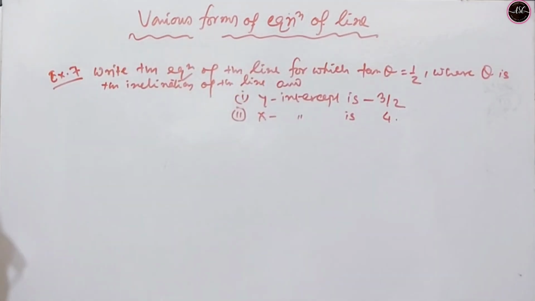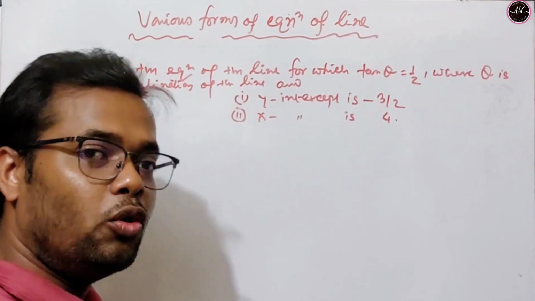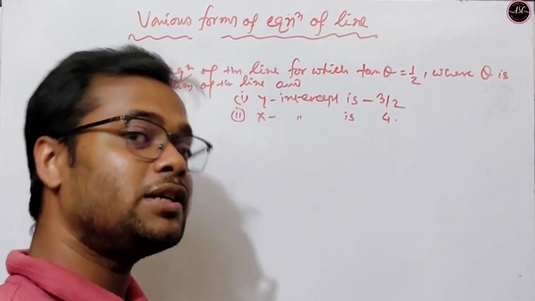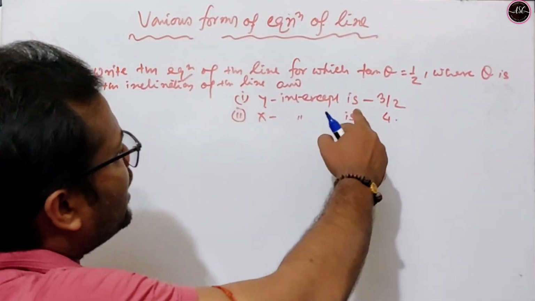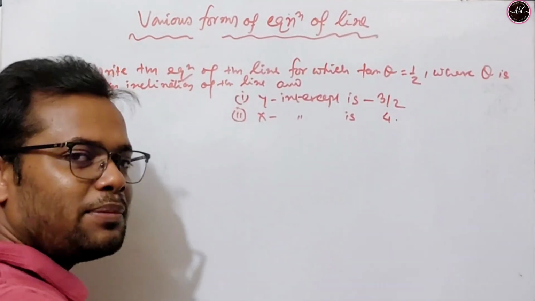Now look at this: write the equation of the line for which tan theta equal to half. We know m equal to tan theta, where theta is the inclination of the line with the positive direction of x axis, and the y intercept is minus 3 by 2 and the x intercept is 4.